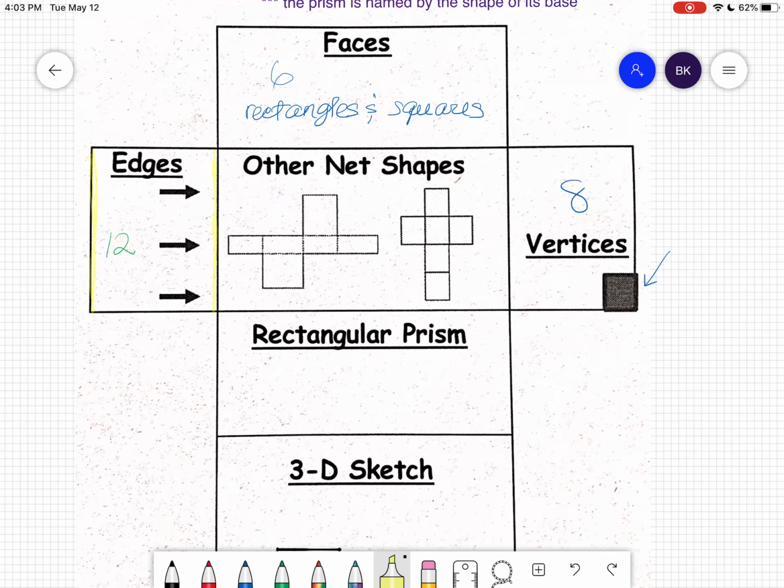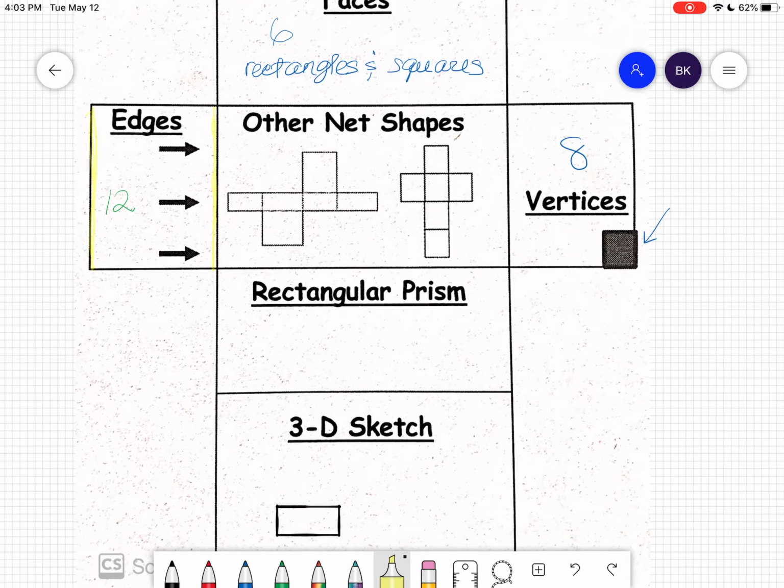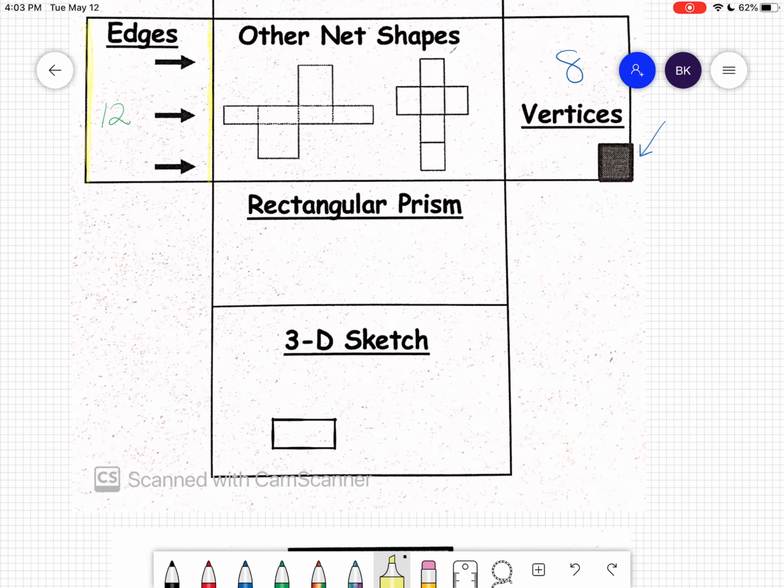The edge is the line where 2 surfaces, or 2 faces, meet. So we have 12 of these. I've actually put a couple of different nets for the rectangular prisms. Again, we can have more than one net for each shape.